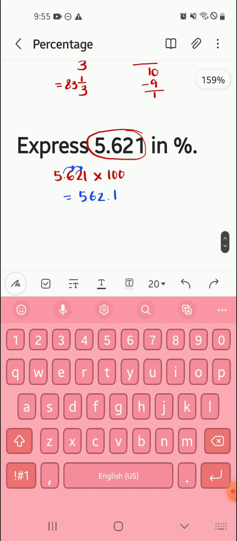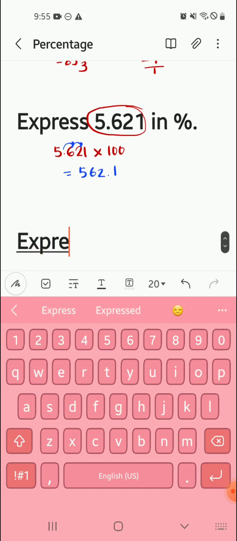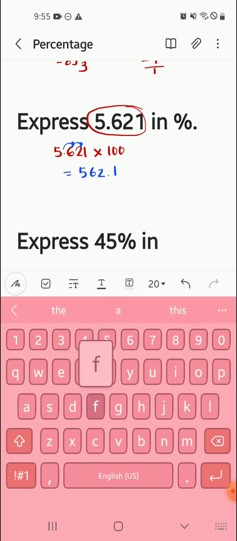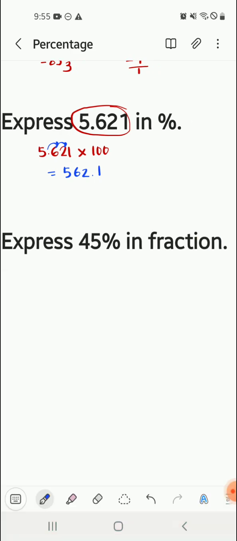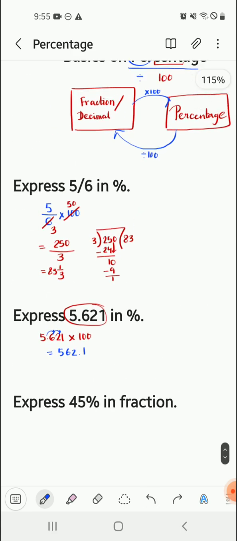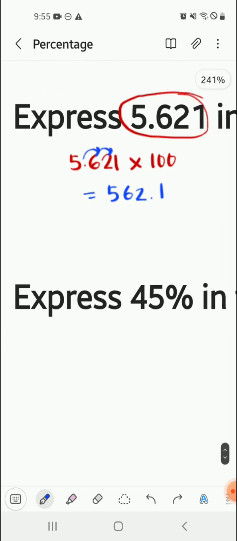Similarly, for an example, if we are asked to express 45% in fraction, how are we going to do it? See, we are given a number in a percentage form and now we have to convert it into a fraction. In that case, percentage to fraction, we have to divide the number.